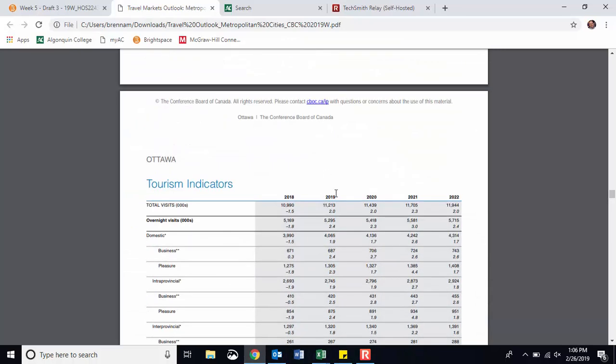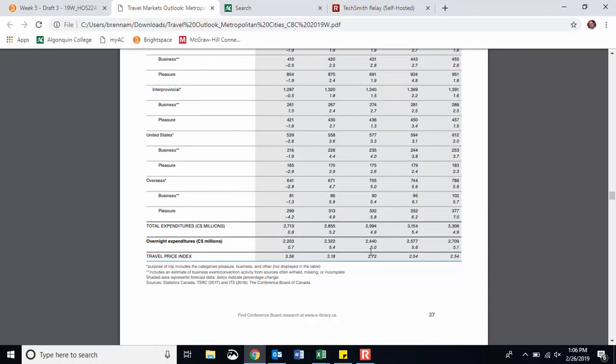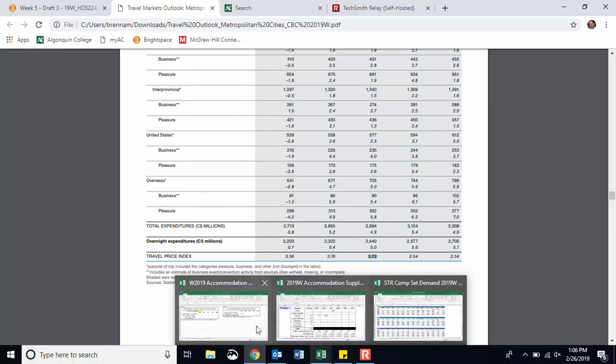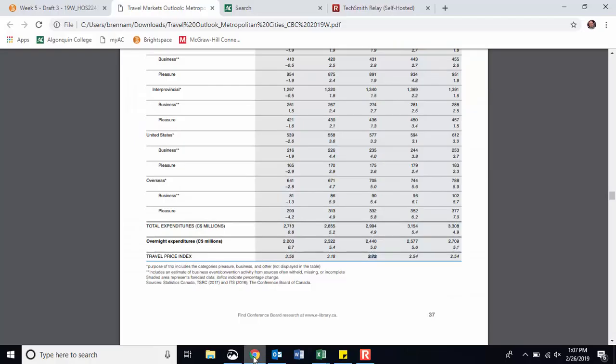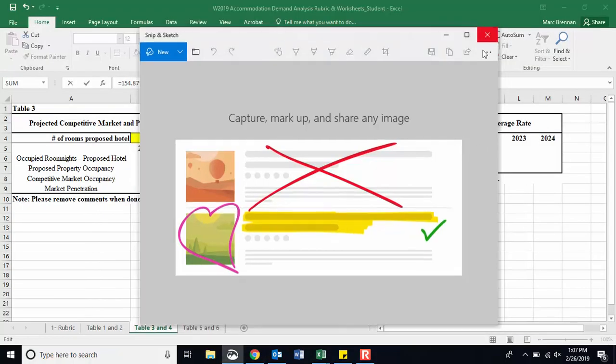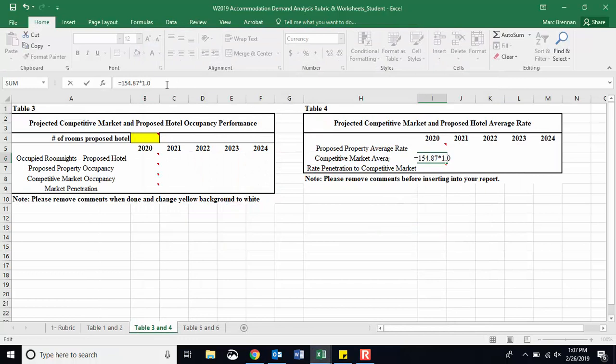So from 2019 to 2020, the travel price index increase is 2.72%. So we could probably go $154.87 times 1.0272. Okay. And now we've got a competitive market average rate that we believe it's going to be for 2020.